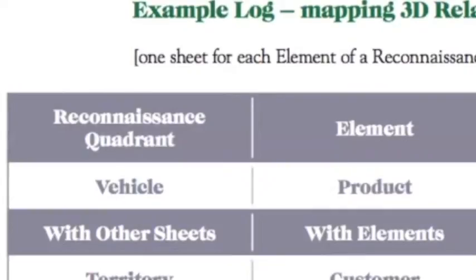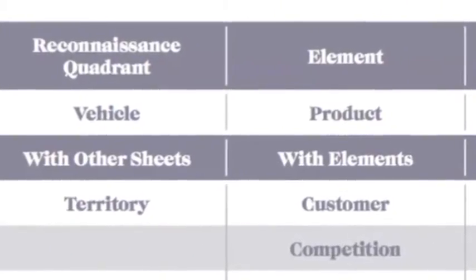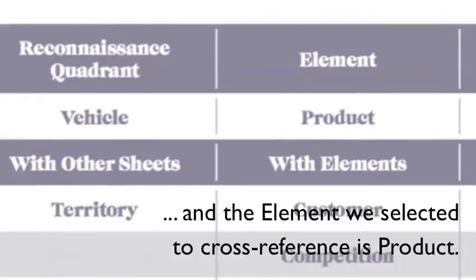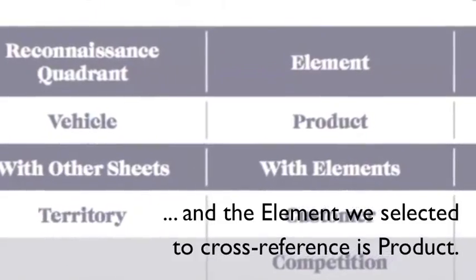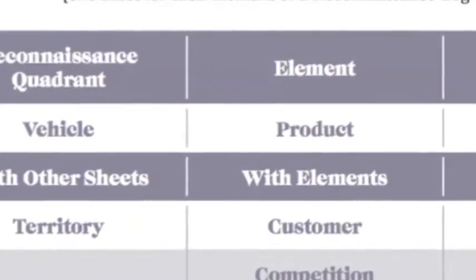In the top left hand corner of each sheet we enter the quadrant that we want to map, and in the example here I've chosen my vehicle quadrant, and to the right of this I enter the element from that quadrant against which I'll identify and test relationships with elements from different quadrants.